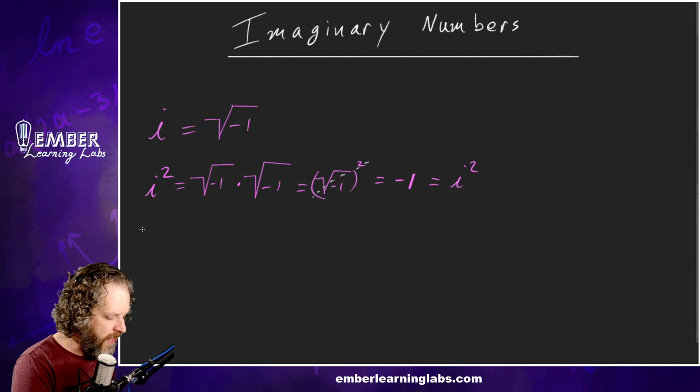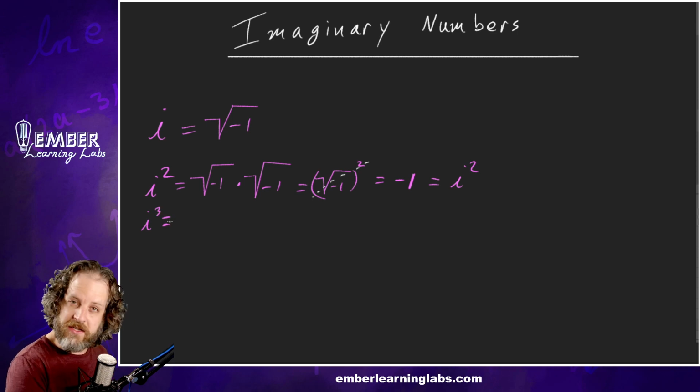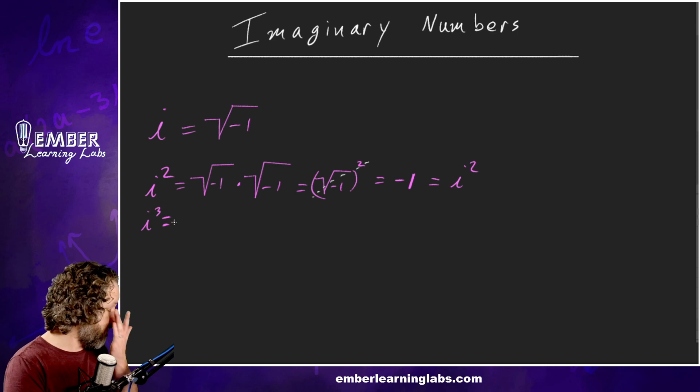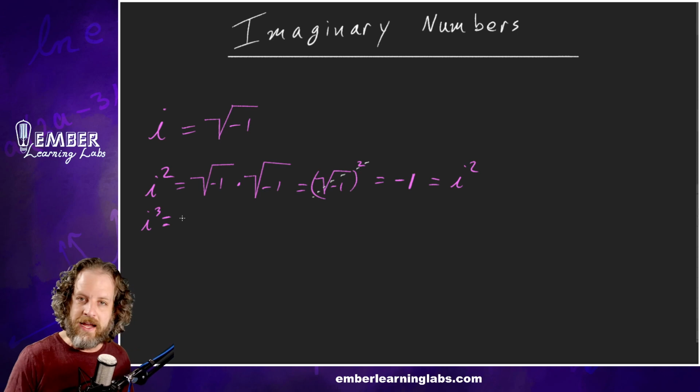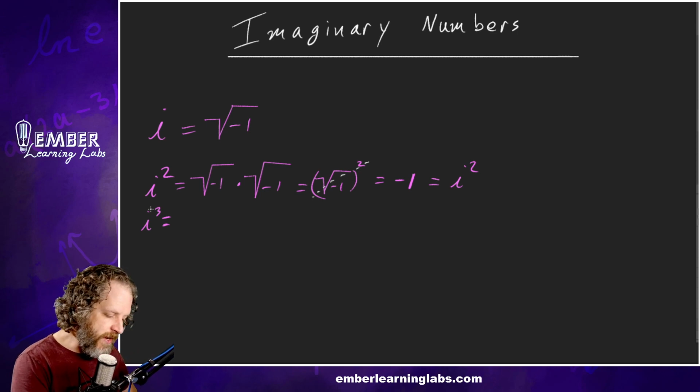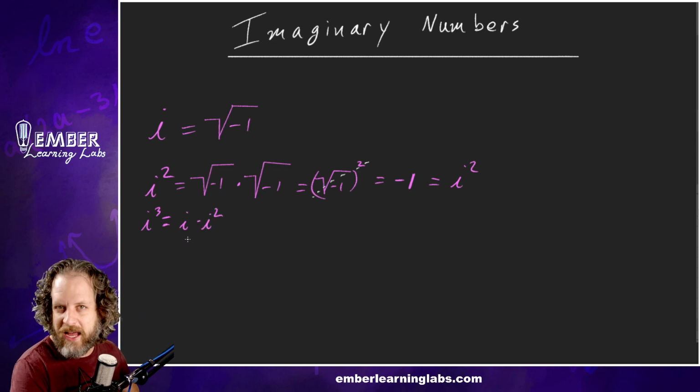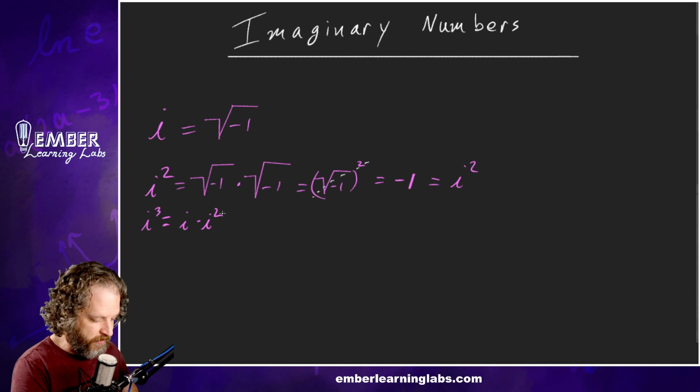So i cubed, let's talk about that one. Now this is exponent rules, so this may be review. We're going to practice more and review it more in upcoming units. But we can split this up and turn this into i times i squared, because when we have like bases multiplied, you add the exponents. 1 plus 2 is 3.